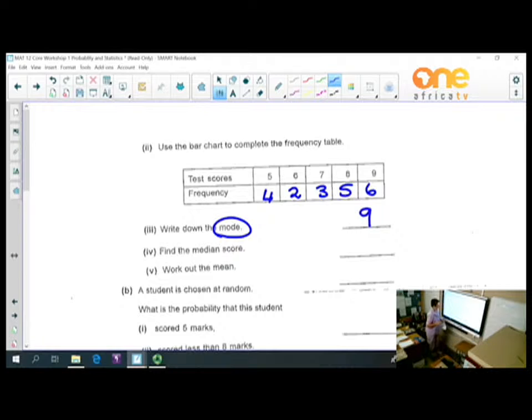You read it off. Find the median. Median, middle. I must arrange them. But in the table, this is arranged. Now, if I have a total of 20 students, this is what I said in the beginning, it means the middle will be between 10 and 11.